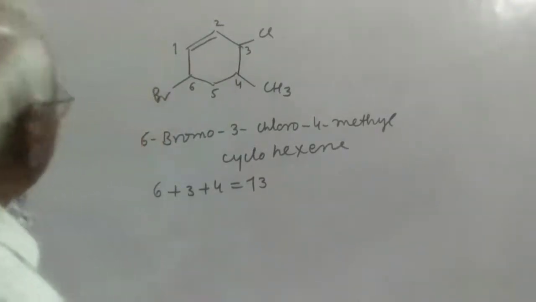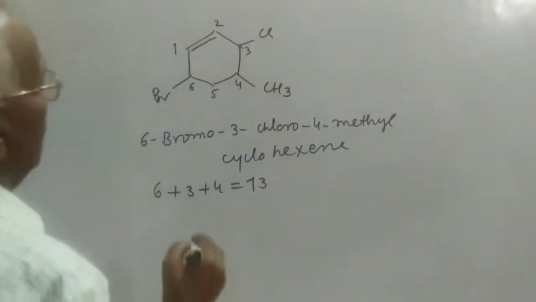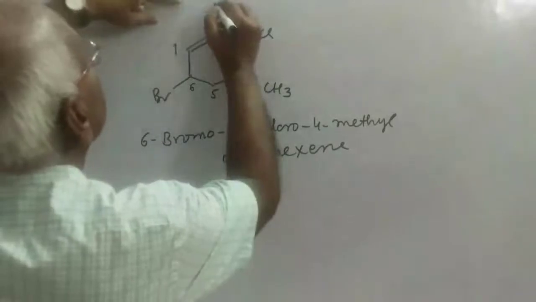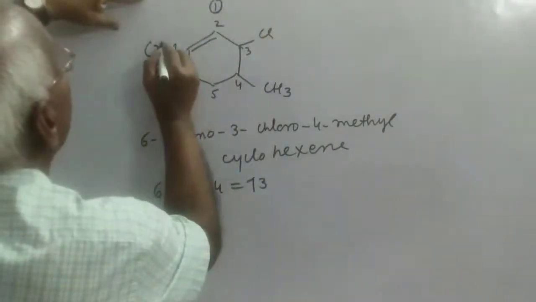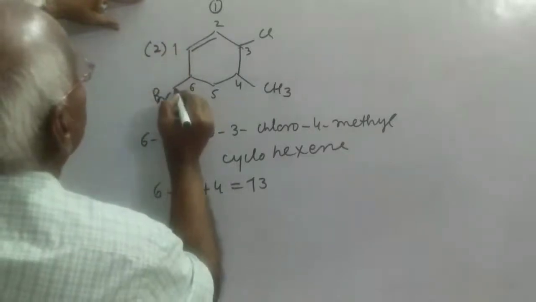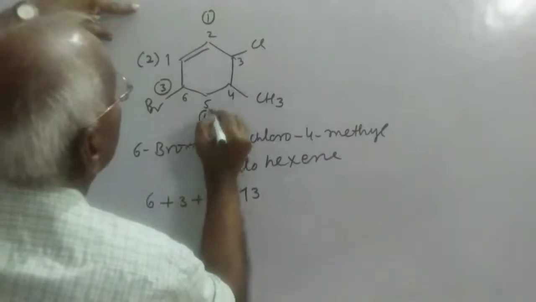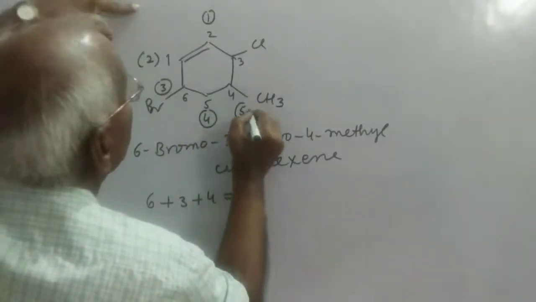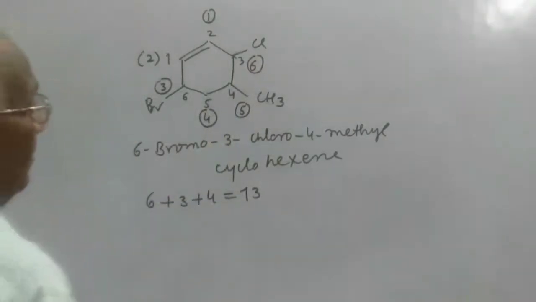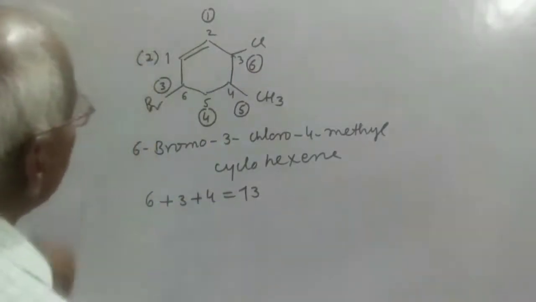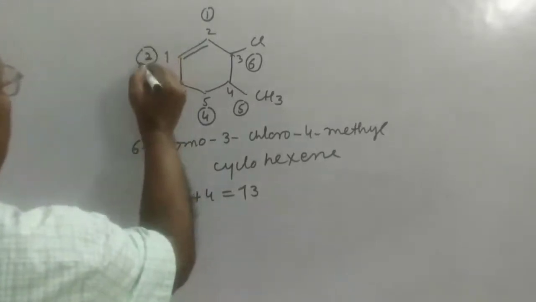The other approach: if I put here 1, this is 2, for this position it is 3, for this position it is 4, for this position it is 5 and for this position it is 6, then its name will be according to the numbers given in the circle.